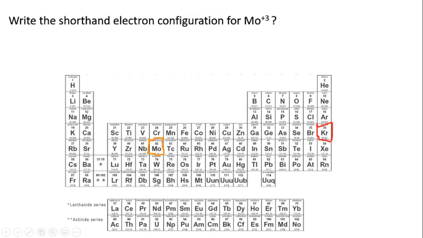And we have a completely filled s orbital, so that's going to be 5s. And then we have a partially filled 4d orbital. The reason it's 4d is because it's 1 minus the row it's on.